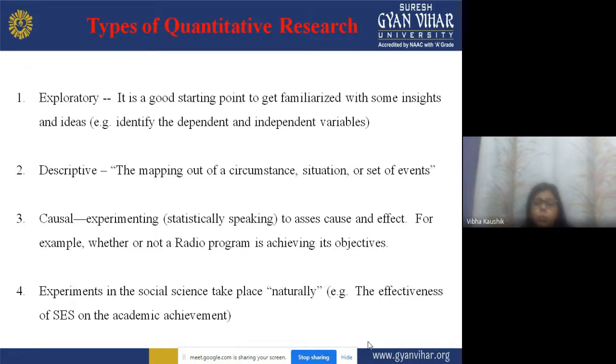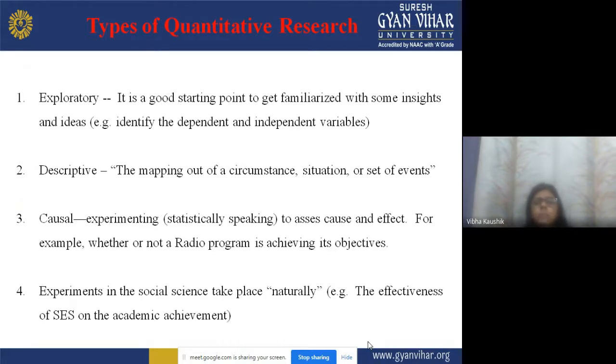When you do your research, the exploratory step will help you find out which are the dependent variables and which are the independent variables, and how the independent variables affect the dependent variables.